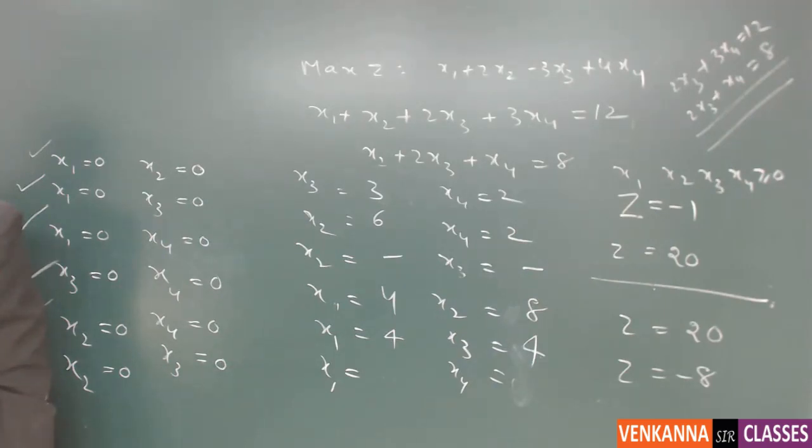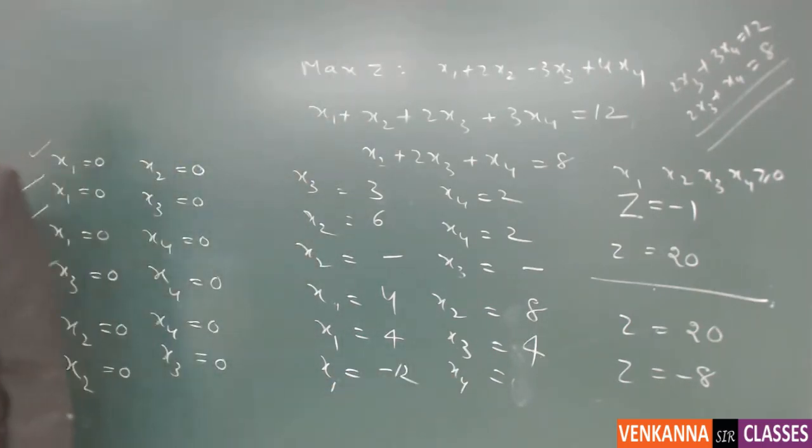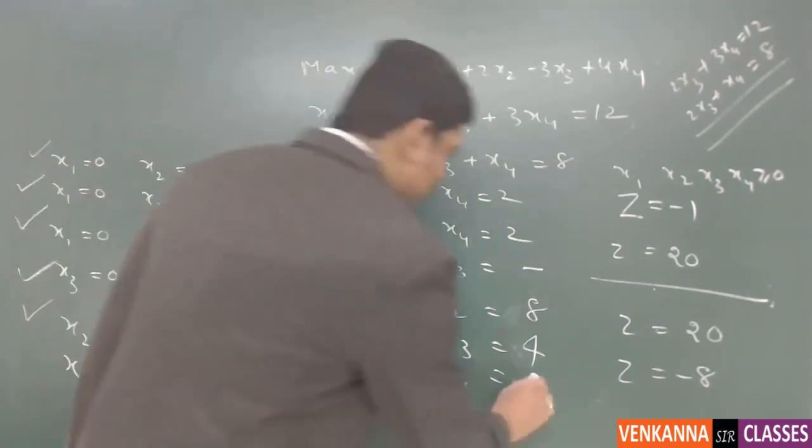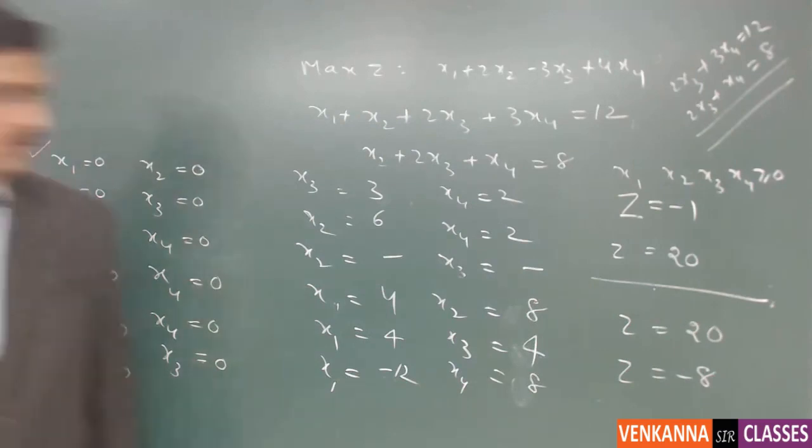Not possible as x4 must, of course, you just give me the value there. x1 is -12, that's good. And 8, right. And what will be the z value here? 20, right.